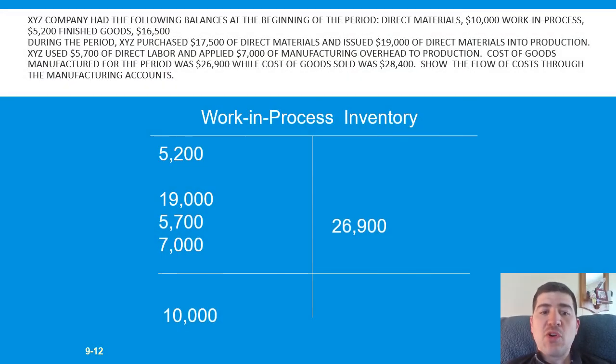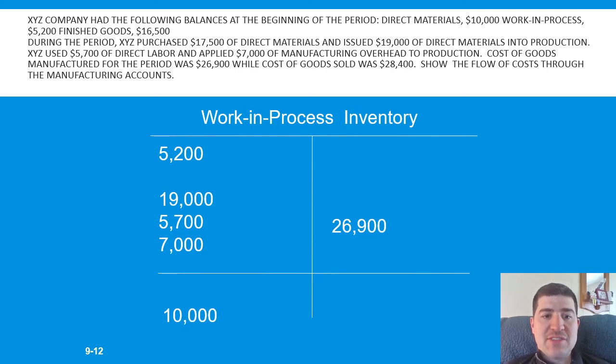The next place that we are going to go is work in process. Now, again, we had $5,200. We brought $19,000 of direct materials in, so there's our original amount. We brought in $19,000 of new materials.